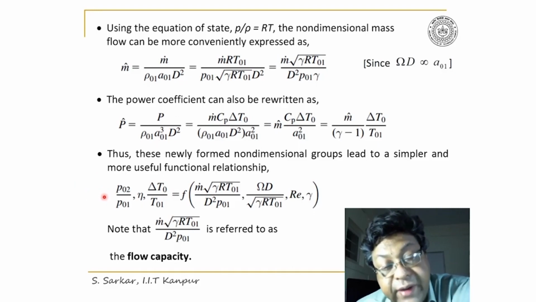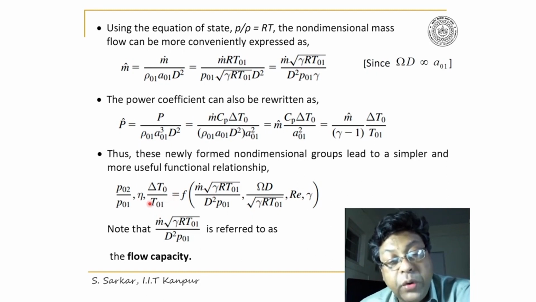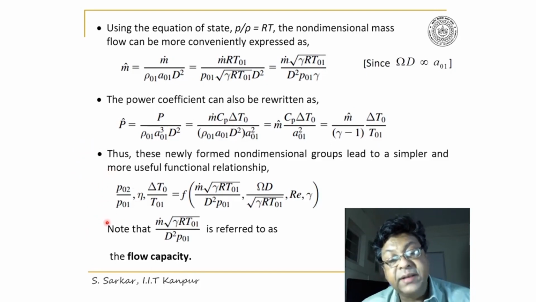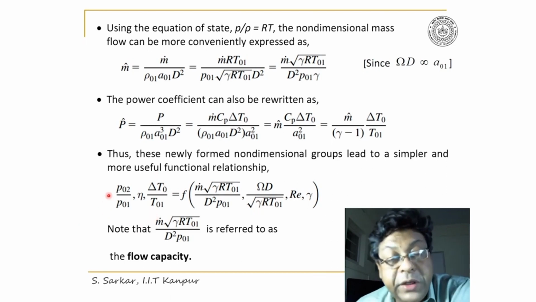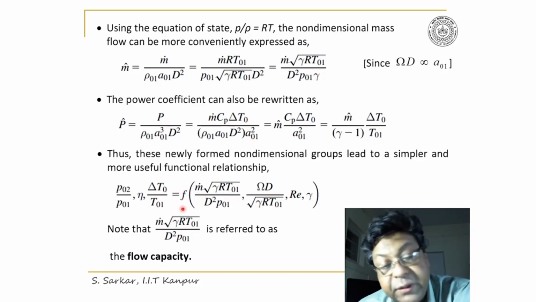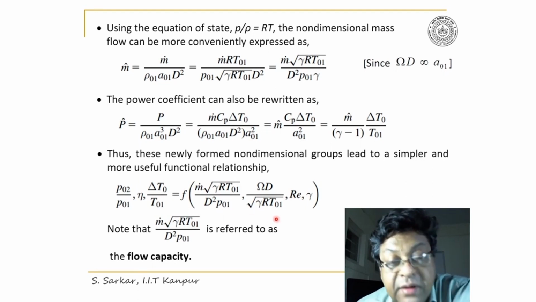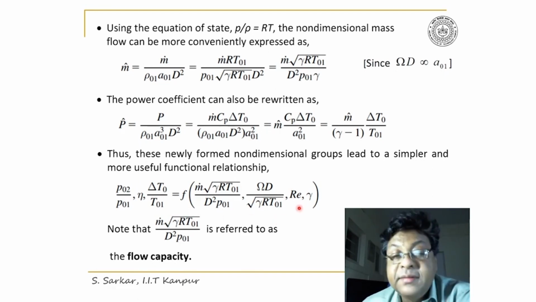So I can write P02 by P01, eta, and del T0 by T01. One represents the enthalpy rise across the machine, and the other represents the pressure coefficient. So P02 by P01, eta and del T0 by T01 can be expressed as a function of flow capacity, Mach number, Reynolds number, and gamma.